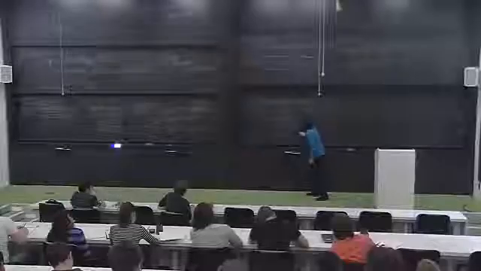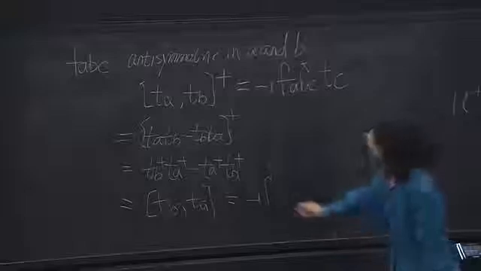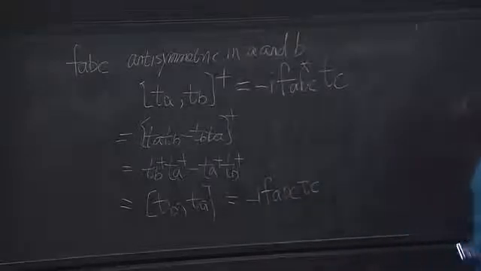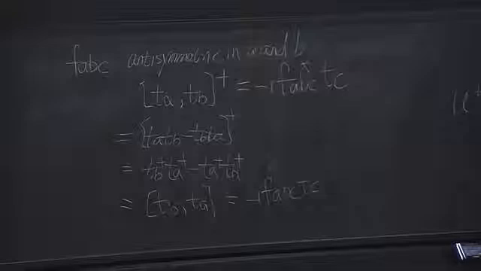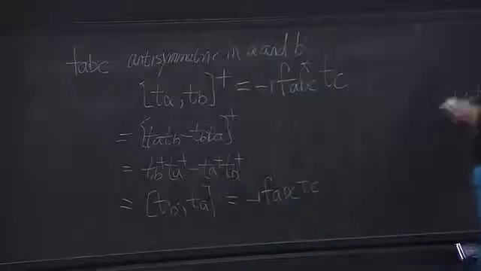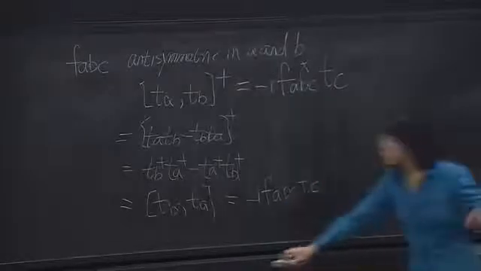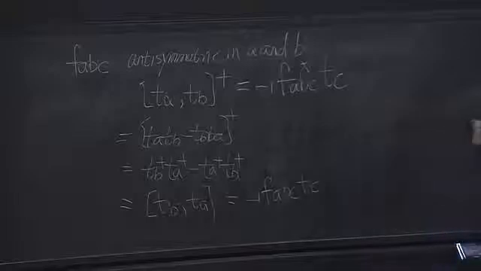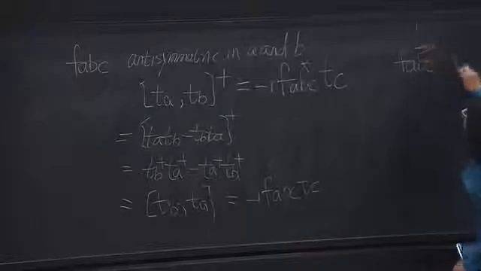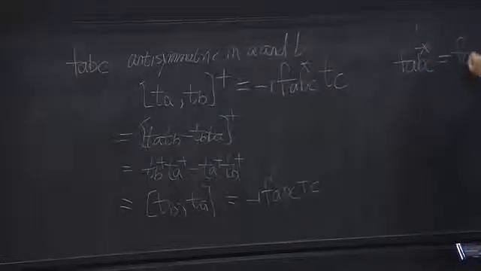So this guy equals minus i f_ABC T_C. This is very insightful. We realize our structure constants are real. I like real numbers. That's so much fewer numbers to think about. So they are real.